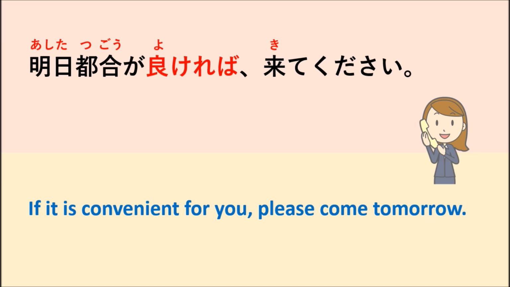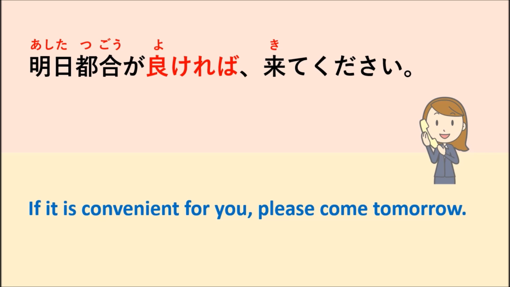Here 明日 means tomorrow. 都合 means convenient. 都合が良ければ is from the adjective yoi. Yoi means good.